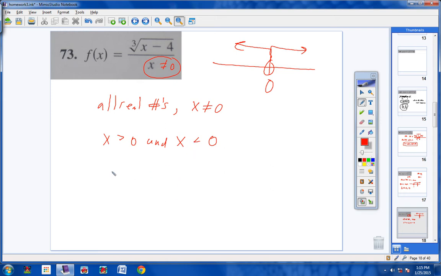Now for interval notation, well, obviously it's going on and on to the left, so negative infinity, and then it goes to 0. Then it starts again after 0 and continues on to the right for positive infinity. Okay, so hope that makes sense, guys. There's the first one, and let's go ahead and continue on.